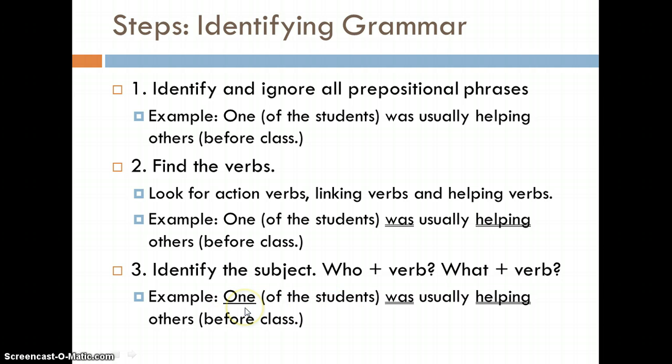So it's actually the word one that is the subject in this sentence. So one was helping others. That prepositional phrase of the students provides us additional information so we know that we're talking about one person who was part of a group of students. But the actual word that is our subject is one.